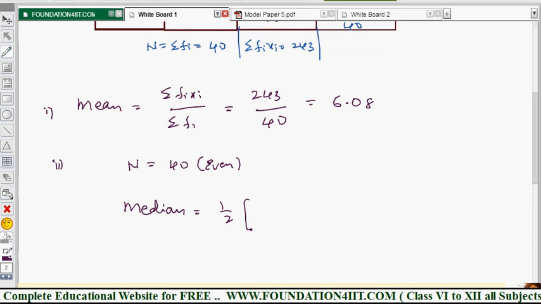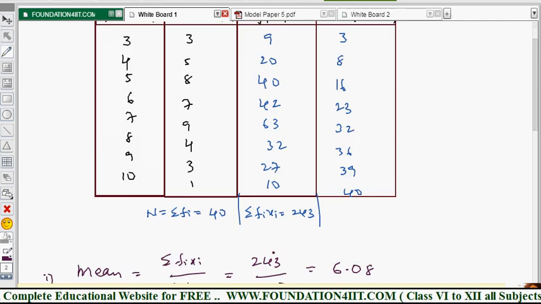If it is an even number, then median is equal to 1 by 2 into the n by 2th observation plus the n by 2 plus 1th observation. You know the formula. Here n is 40, so 1 by 2 into the 20th observation plus the 21st observation.